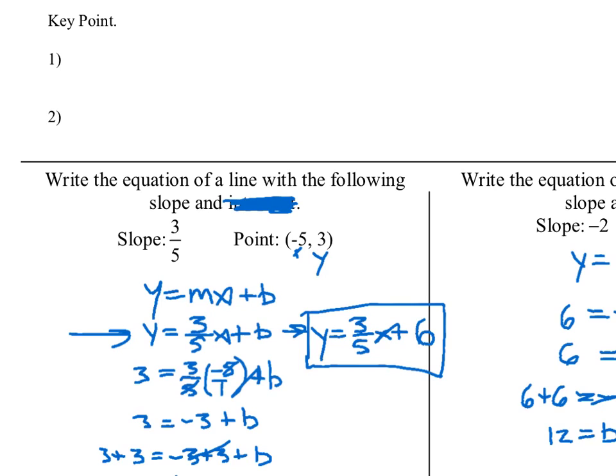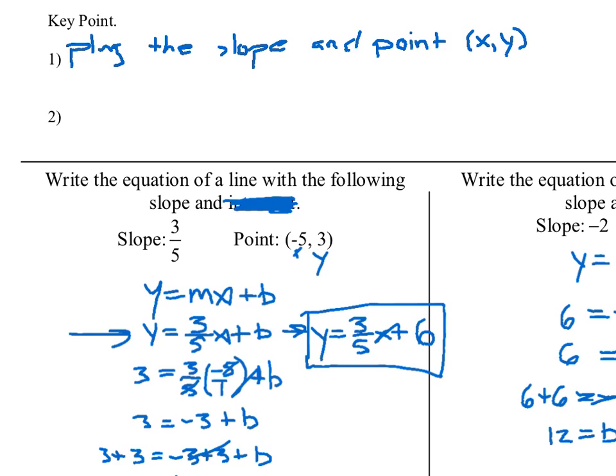Plug the slope and the coordinate points into the line. Yep. Plug the slope and point, and I'm going to put in parentheses here just as a reminder, the point is our x and our y.